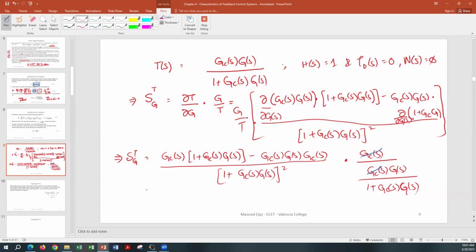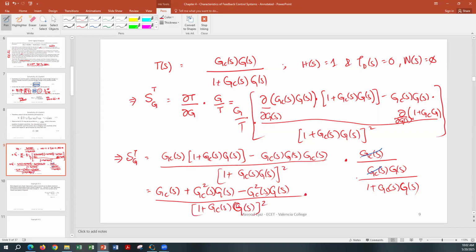That's going to be GC(s) plus GC(s) squared G(s) minus GC(s) squared G(s), over 1 plus GC(s)G(s) squared times 1 plus GC(s)G(s), which goes in the numerator, and this divided by G(s).